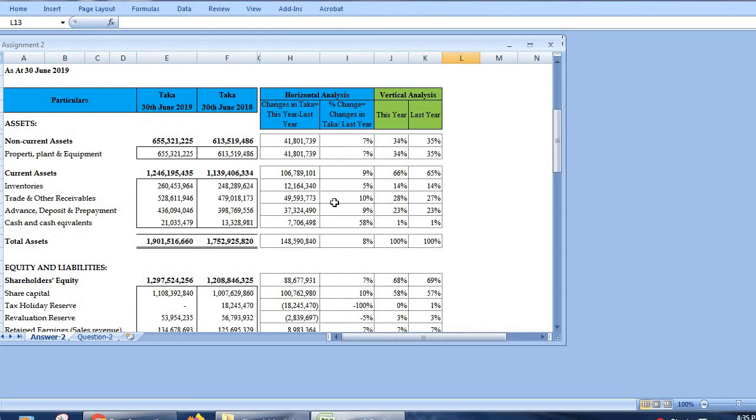Remember that horizontal means from side to side. So horizontal analysis looks at financial data over two or more years, comparing similar items to see how they have changed and what this might mean.